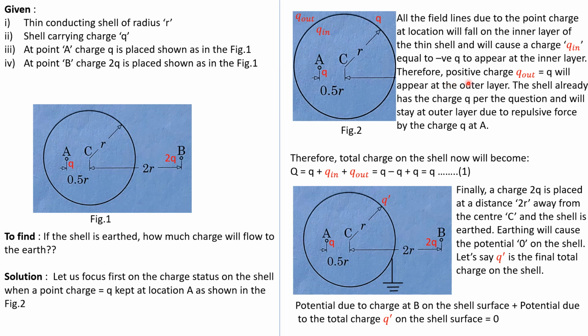Therefore, positive charge q_out equal to q will appear at the outer layer, because this q inside is appearing due to the movement of all the electrons towards the inner layer due to the attraction of the charge kept at location A.